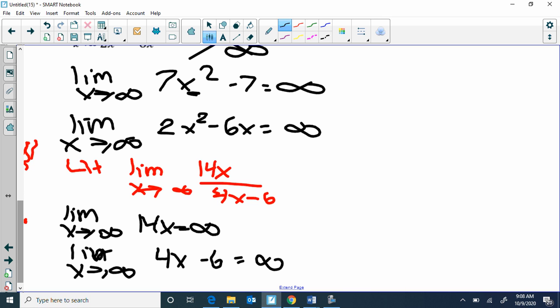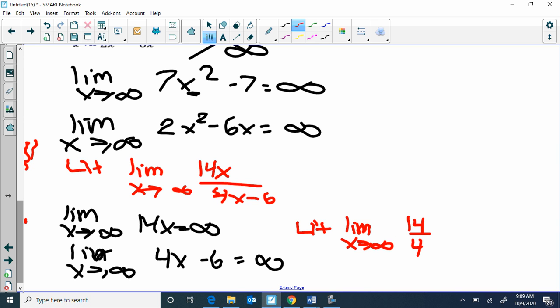Now you can apply L'Hopital's rule again. You can take the derivative of your numerator and separately take the derivative of your denominator. The derivative of 14x is 14, and the derivative of 4x minus 6 is 4.